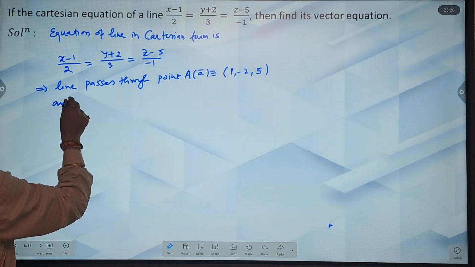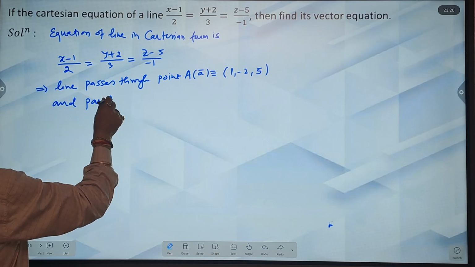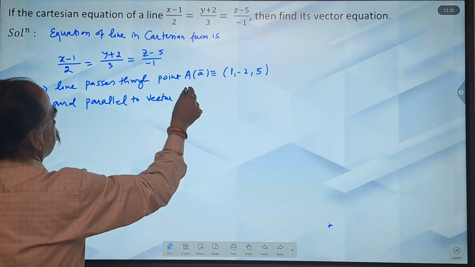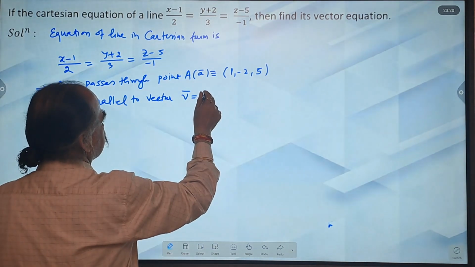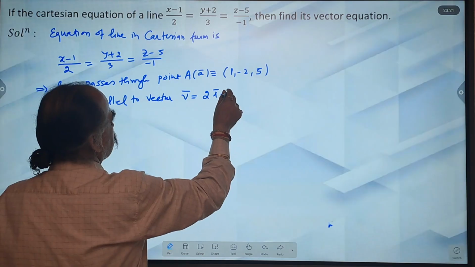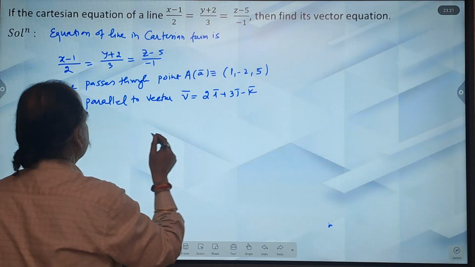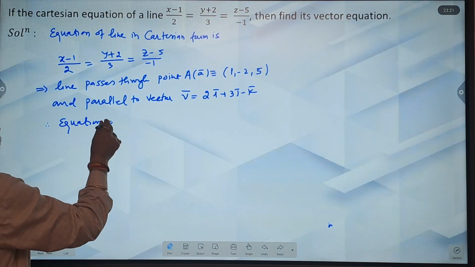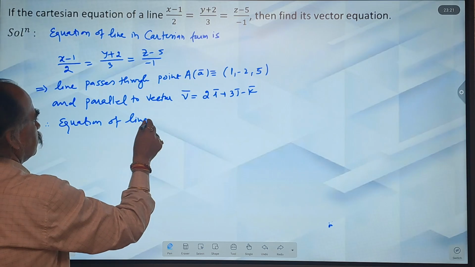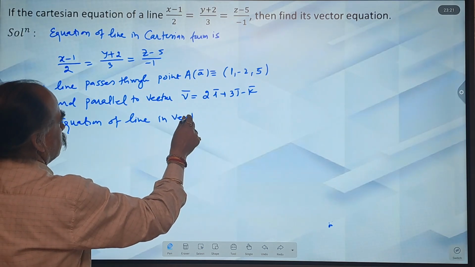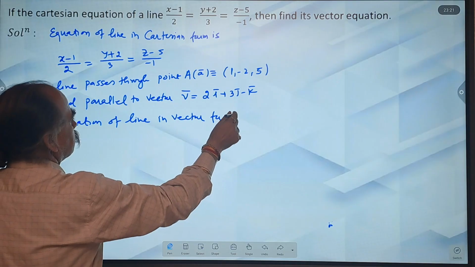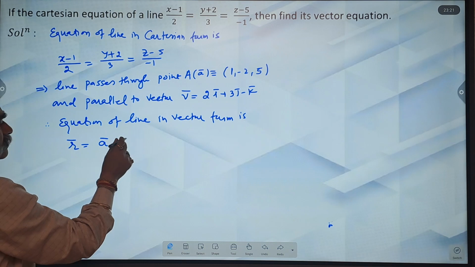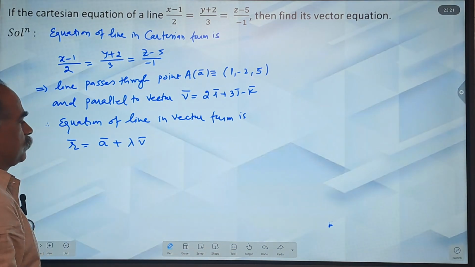and parallel to vector v bar is equal to 2i plus 3j minus k. Therefore, equation of line in vector form is r bar is A bar plus lambda v bar.